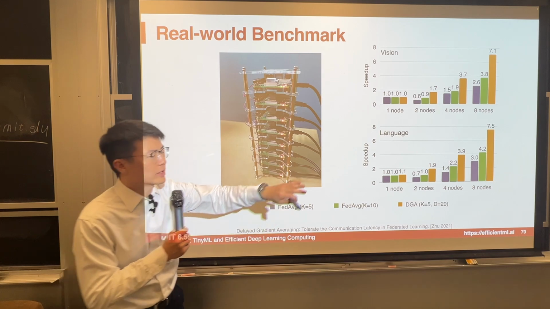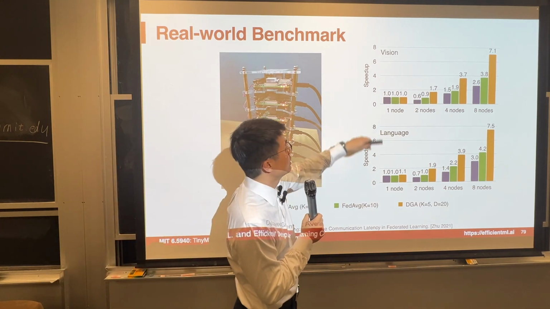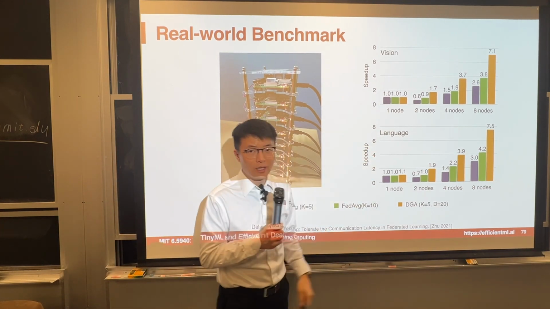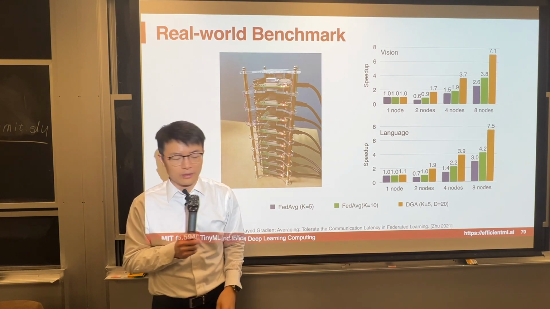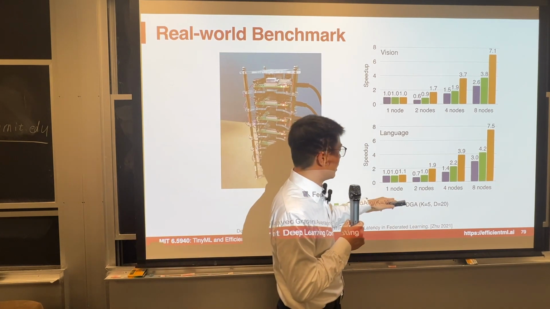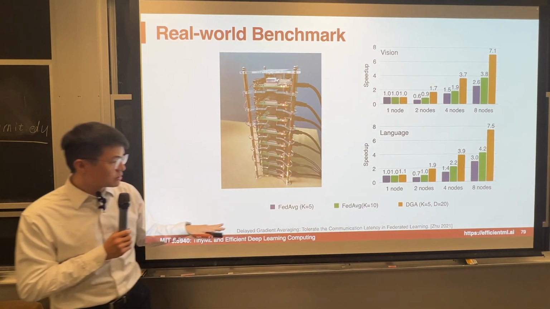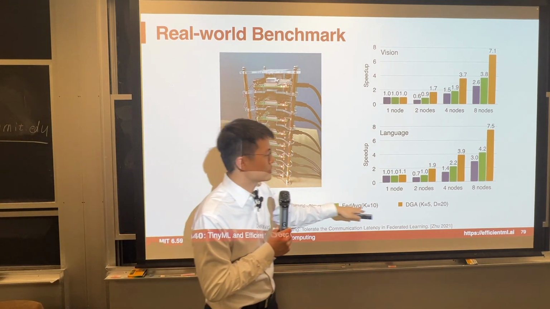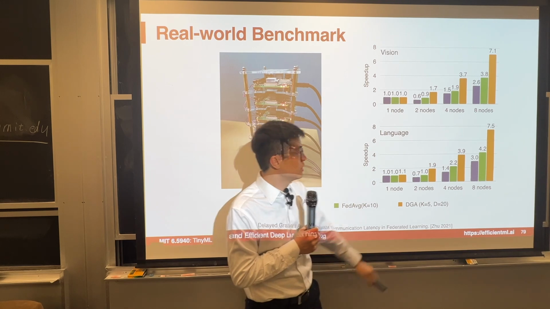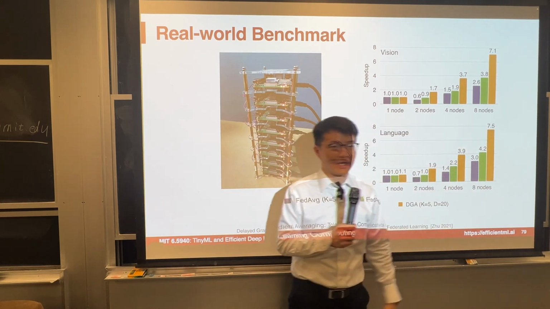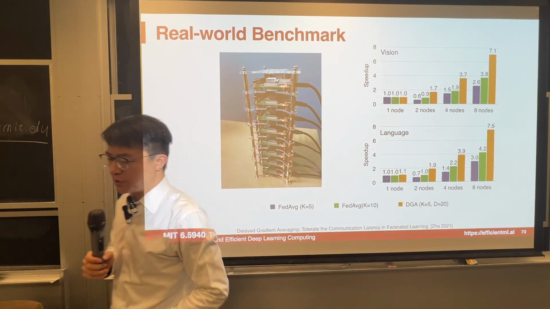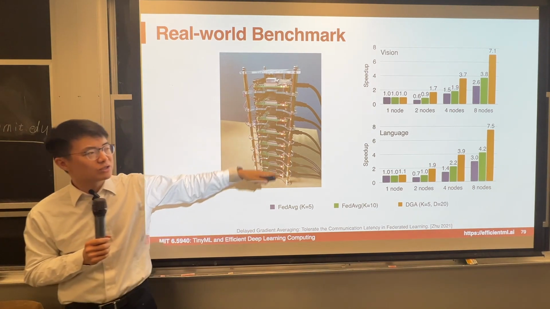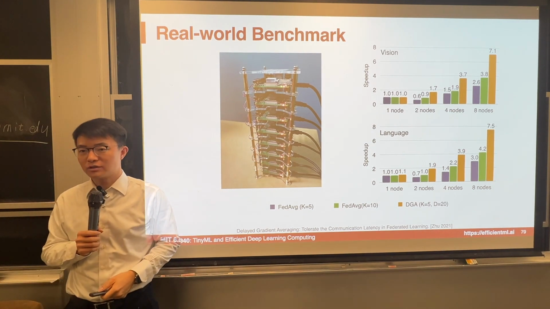And here we can observe the speed on vision tasks and also on the language task. We compared several approaches, FedAvg using different parameters, and also the delayed gradient averaging. And with 8 nodes, we can actually get 7x speedup for vision, or 7.5x for language.